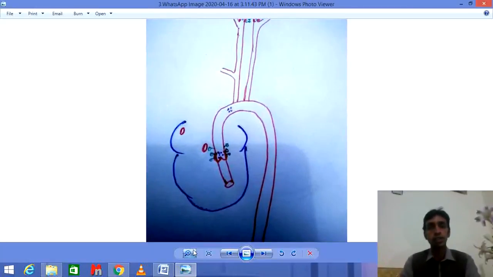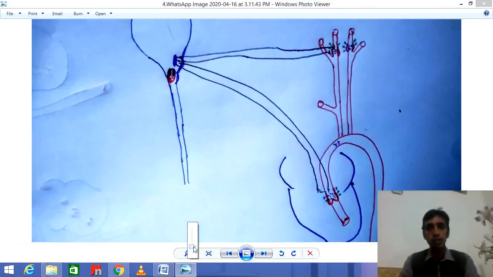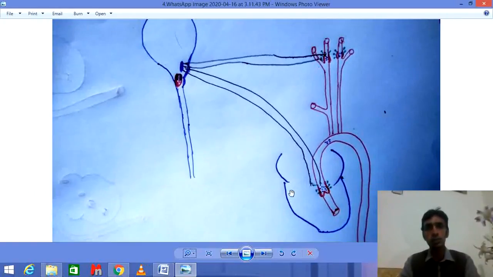Coming toward the next diagram, as I have told you, the baroreceptors and the chemoreceptors are present in the aortic and carotid bodies. They detect the blood pressure and the concentration of carbon dioxide, oxygen, and proton.